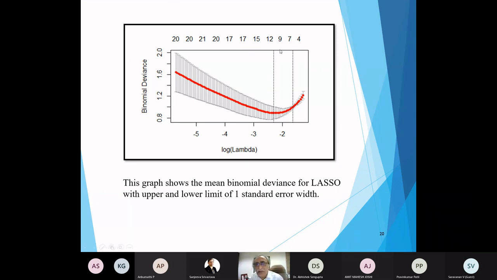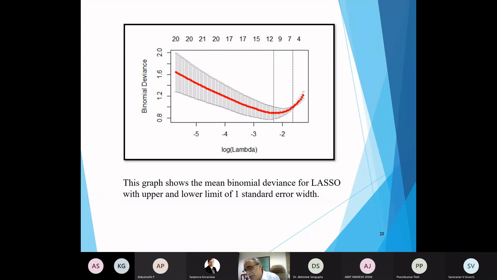I can locate the number, but it lies between 9 and 12. That means the number of features, or number of proteins, those 9 to 12 proteins enable us to classify an individual into one of the classes.